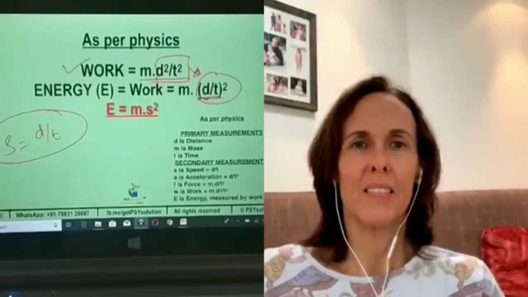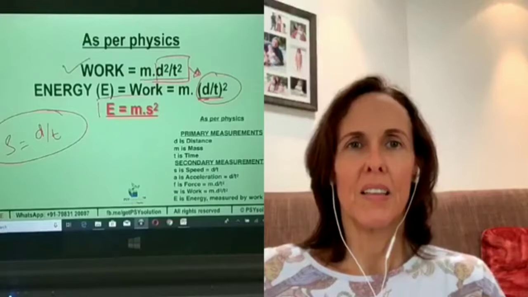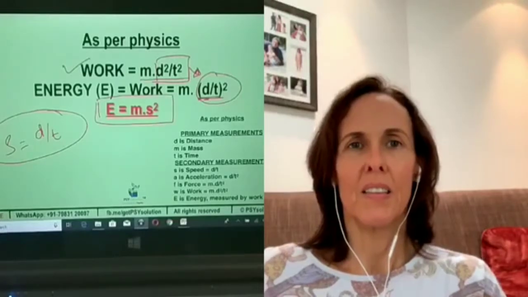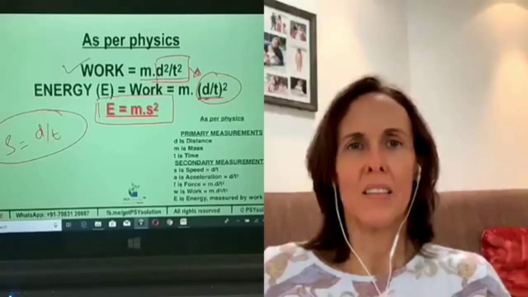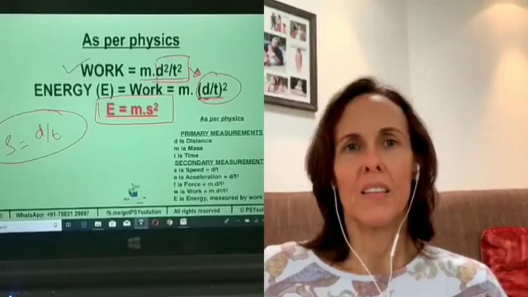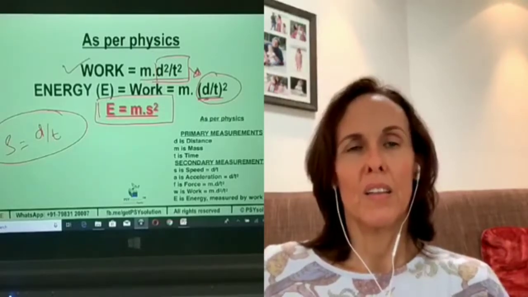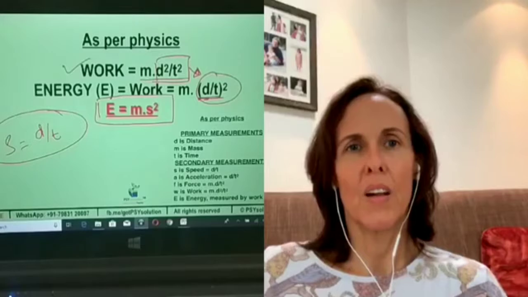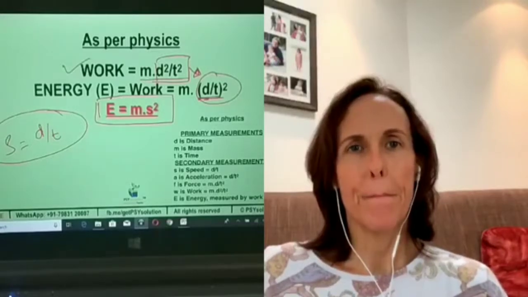So now we can simply replace d upon t by s, and we can say E equals m s square. That means energy equals mass into speed square. Up to here, I think we can understand what physics is talking about energy.